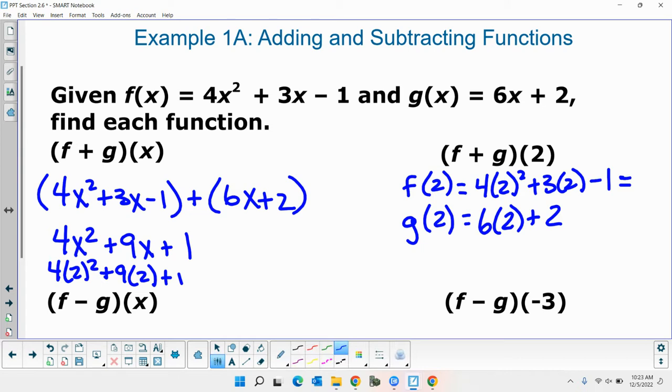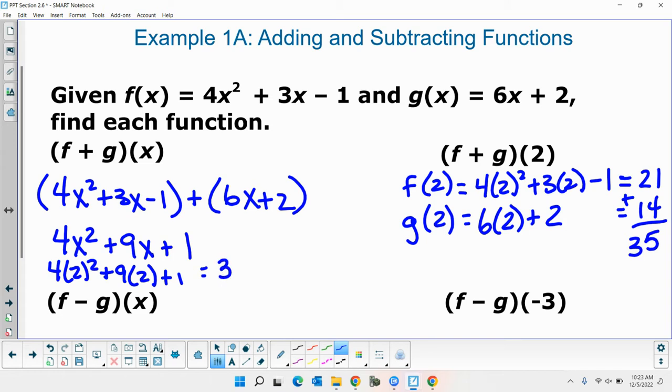All right. Did I get it right now? 4 times 2 squared, 3 times 2 minus 1. So 16 plus 6 is 22 minus 1 is 21. 6 times 2 is 12 plus 2 is 14. And then add. So 35. Over here, that's what I got.